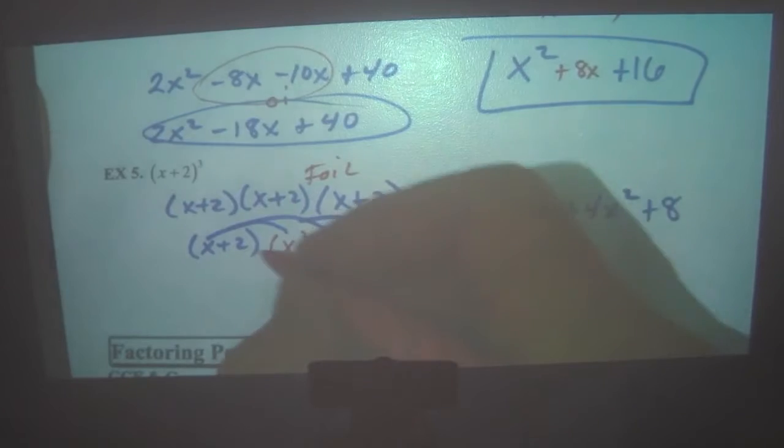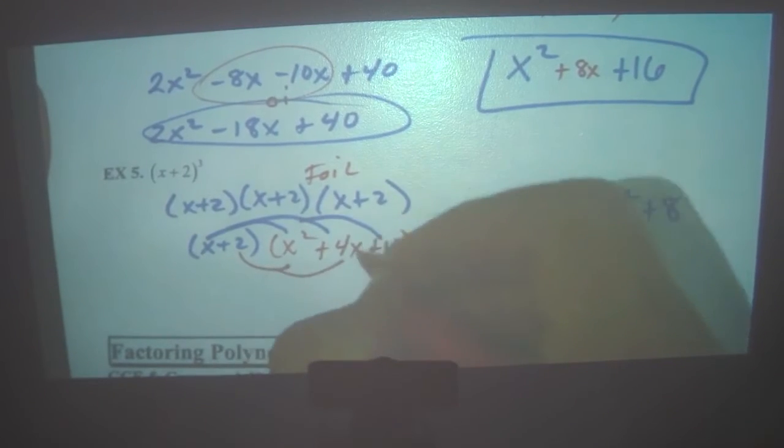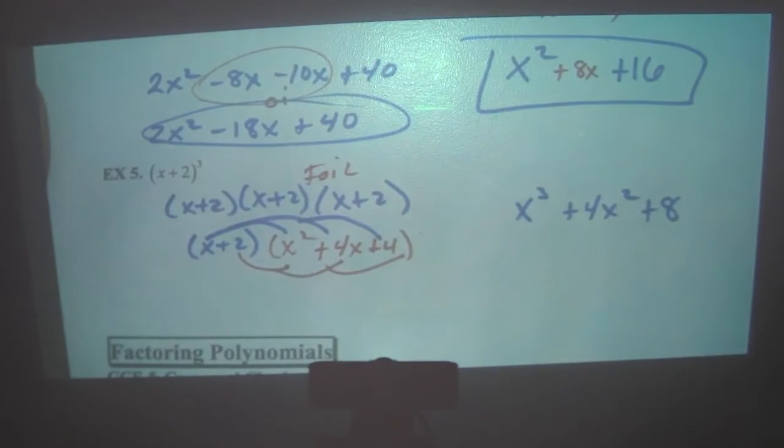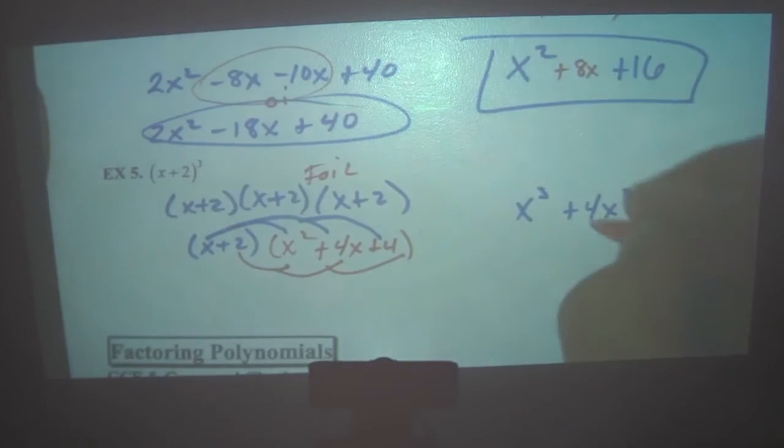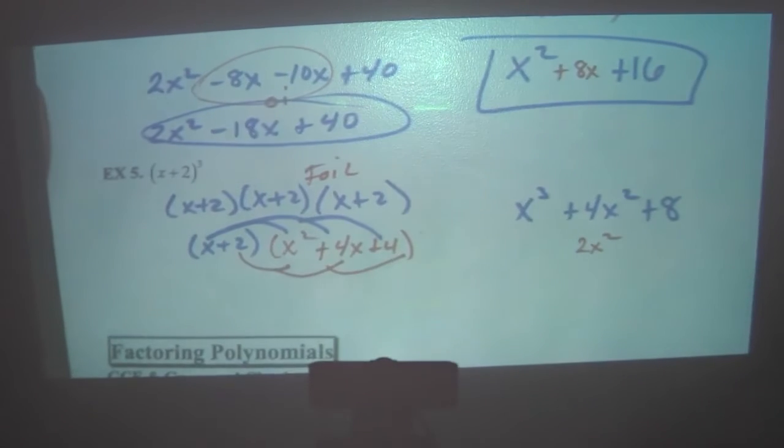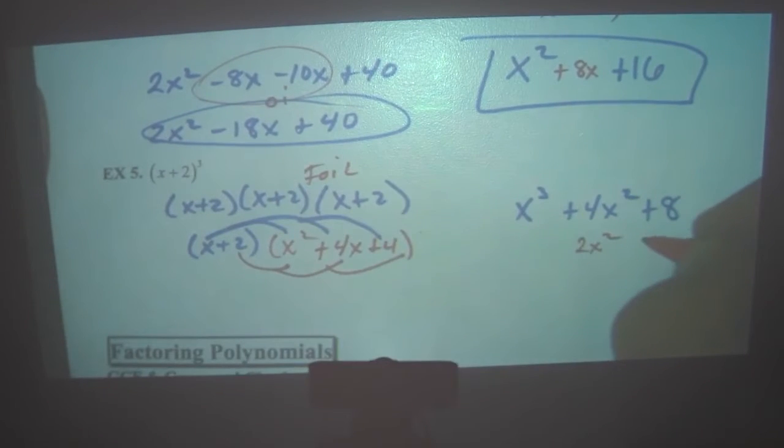Then we do it again. We're halfway. I'm going to take 2 times each one of those now. Now, when I do this, I'm going to write like terms underneath of each other so it's easy to add later. So 2 times x squared is 2x squared. And I'm going to take 2 times 4x, that's 8x. Oh, I missed an x here. No, that's not right.